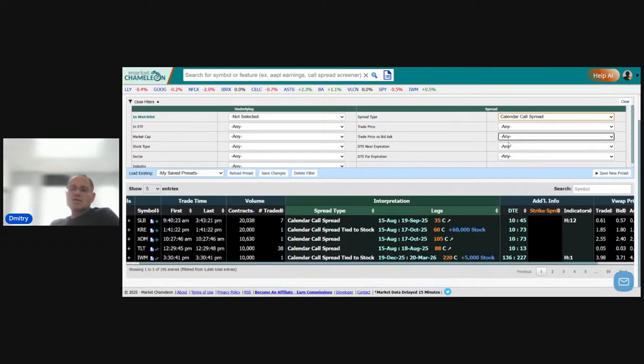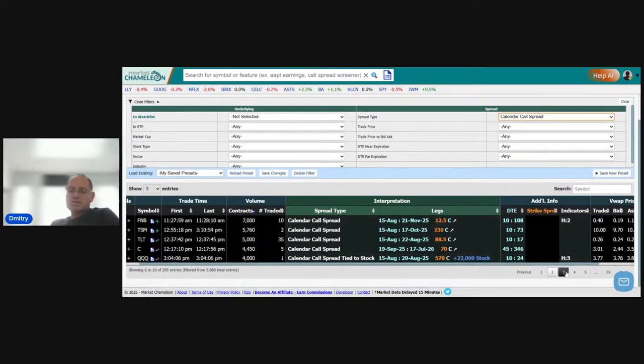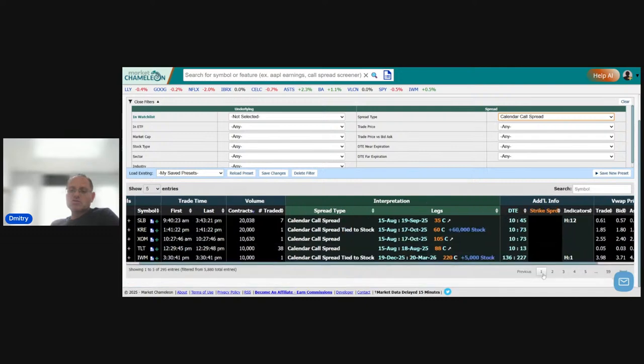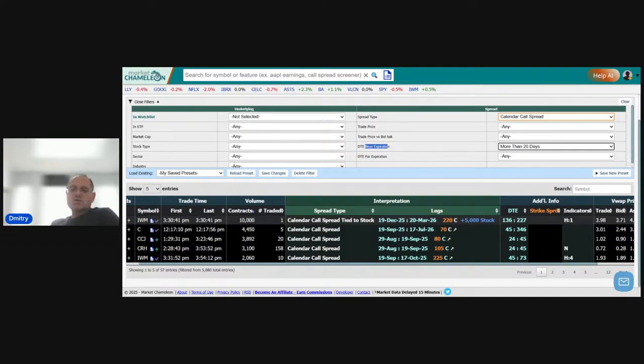I'm going to let go here. Pick any. A lot of these spreads we saw were, some of them were like 0 DTEs, so days to expiration. Let's say we wanted to look at something further out. So for the near term expiration, let's say we want more than 20 days, right? So these are the ones with more than 20 days near term.